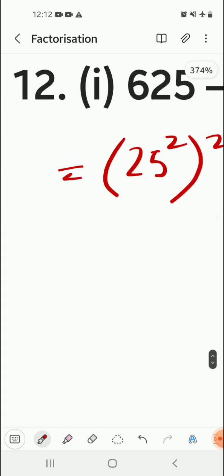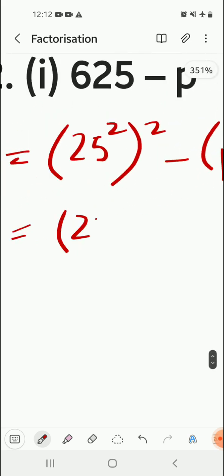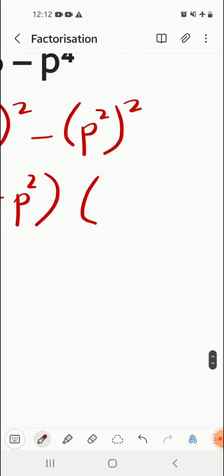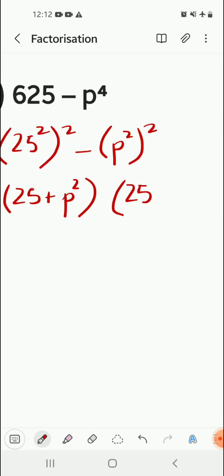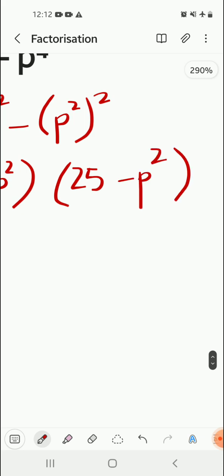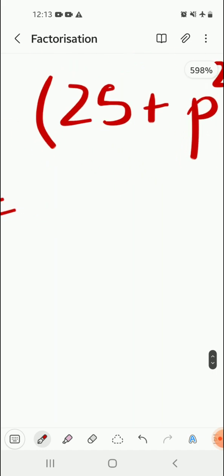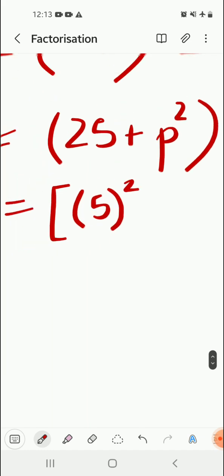So this becomes a plus b into a minus b, where a is 25 plus p square into a, that is 25, not 25 square, sorry, 25 minus p square. Again here we can solve it. See, we can write it in this manner. We use a third bracket. We can write 5 square.